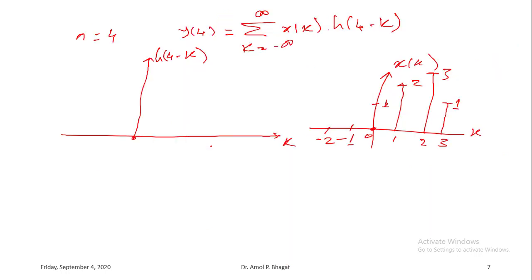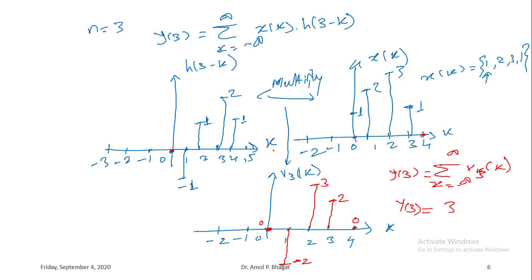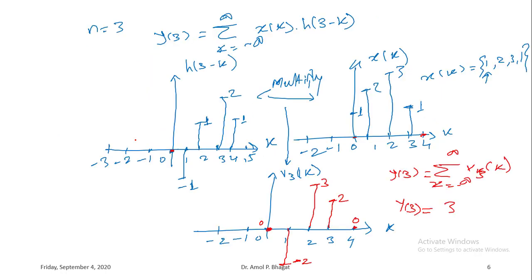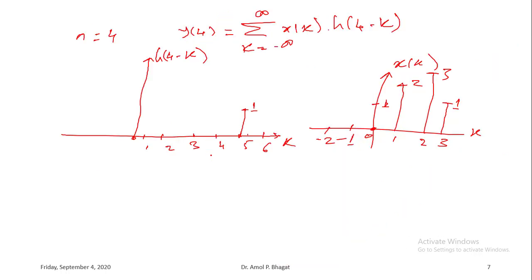So here I can represent 1 2 3 4 5 6, okay? So the value at 4 will be at 5, so at 5 it will be 1. The sequence is the same, the sequence is -1 1 2 1, so instead of starting it from 1 I'll start it from 2, so -1 1 2 1, okay?